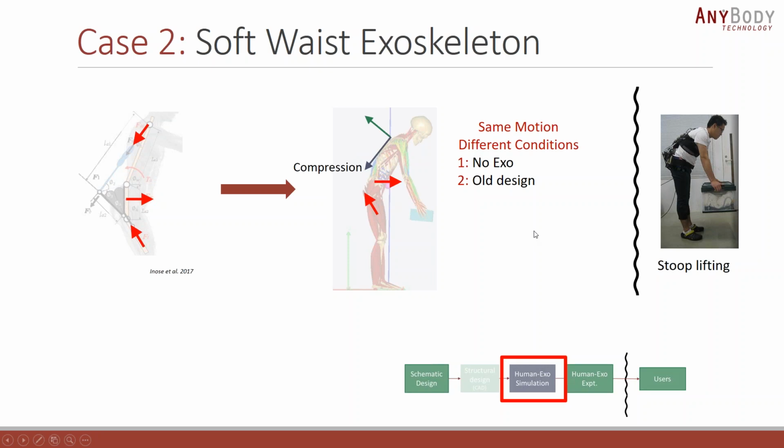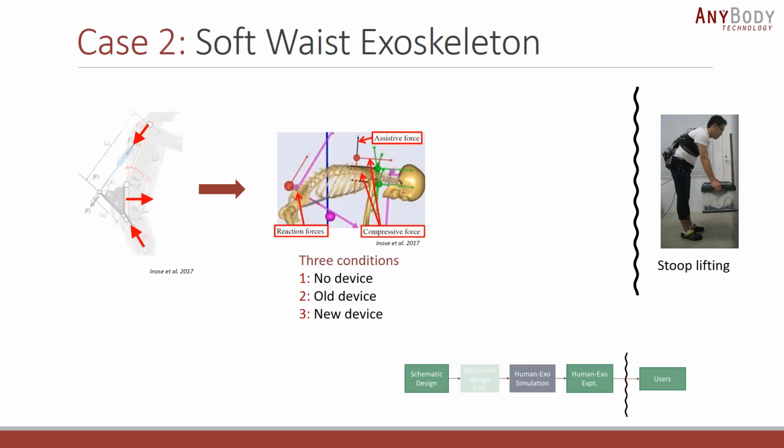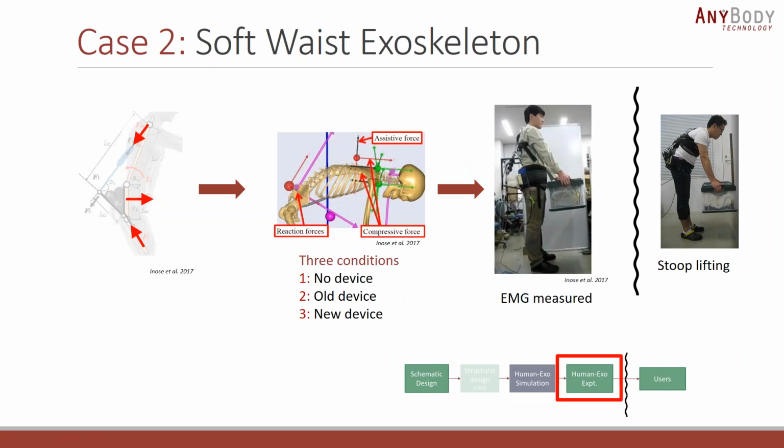Then they created a third simulation of the same motion, but in this case they removed the compression force in order to simulate the effect of the force reduction mechanism. Once they had simulated all three conditions and run inverse dynamics, they conducted an experimental trial with the exoskeletons, and they measured EMG to get an idea of the muscle activities in the spinal muscles.